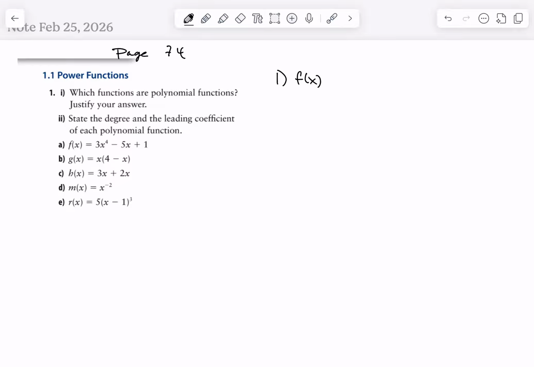So this one here is, and you'll notice I'm just using the function notation so you know which question I'm referencing. You'll see the function notation changes from question to question. So f of x is a polynomial function.